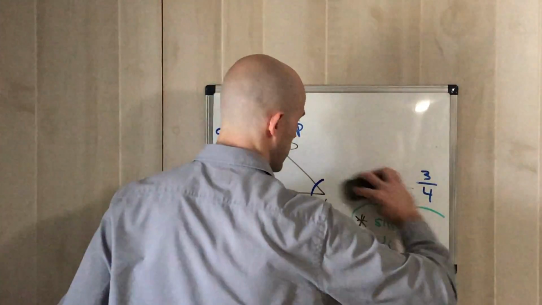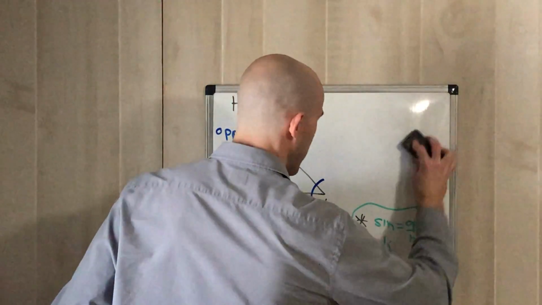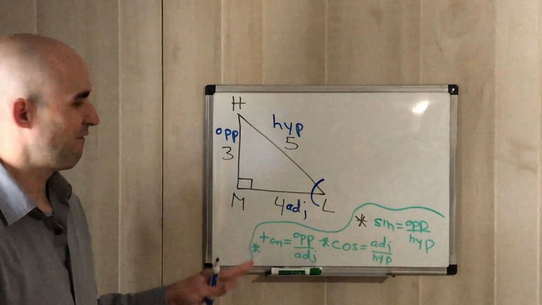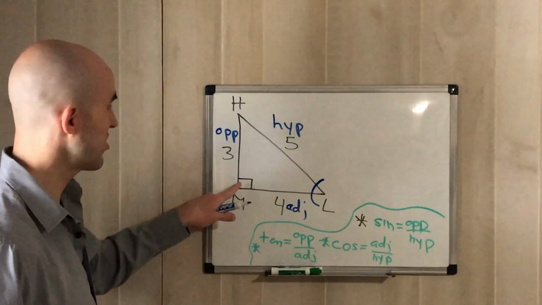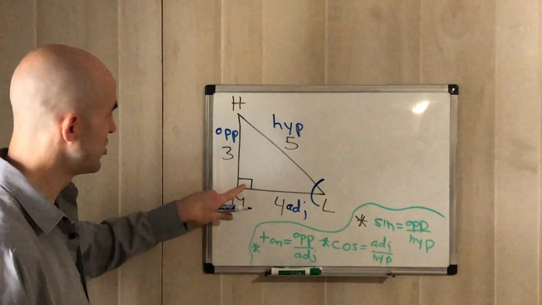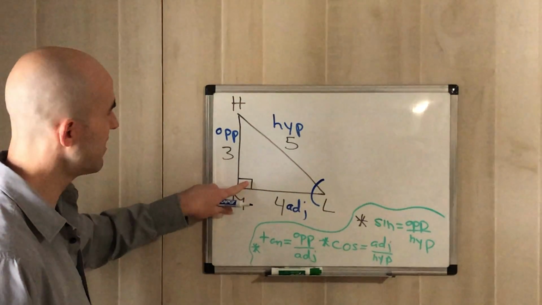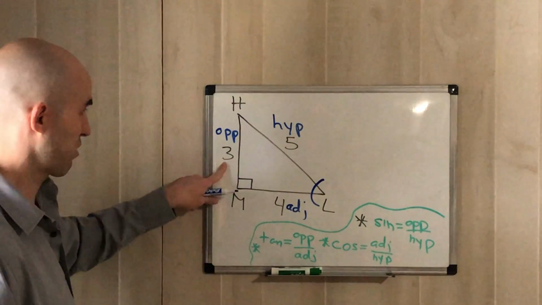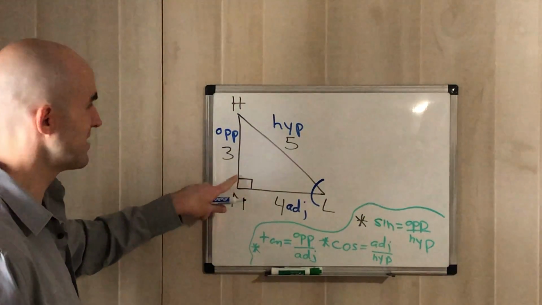And the other thing I also do want to mention to you guys, there's one angle that you can never work with when you're trying to find sine, cosine, or tangent, and that's the right angle. You can never use the right angle for sine, cosine, and tangent, just because if we're working with the right angle, we don't know what side is adjacent. Technically 3 would be adjacent to M, right? It's next to it.